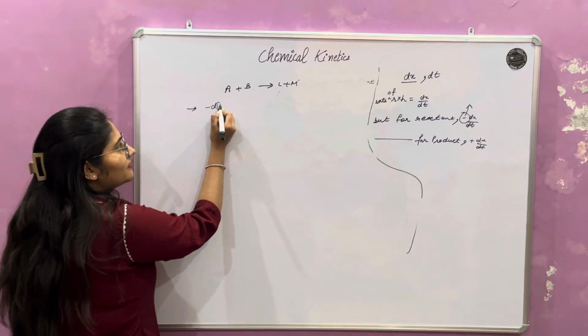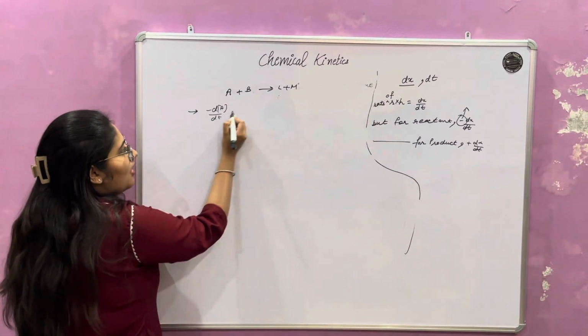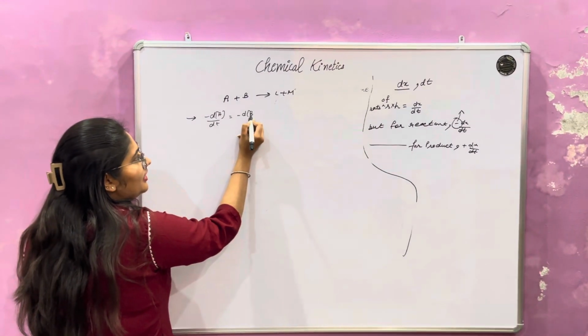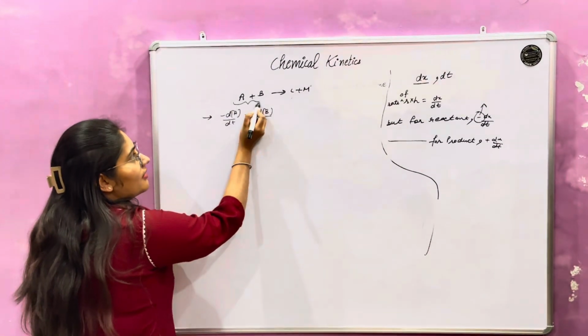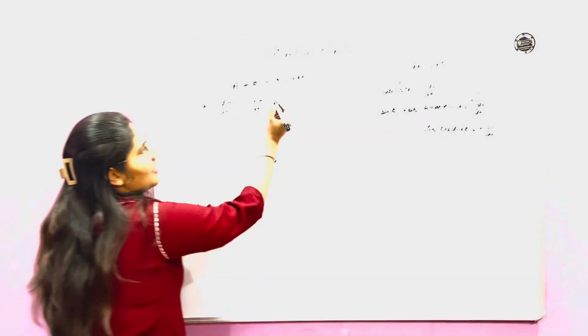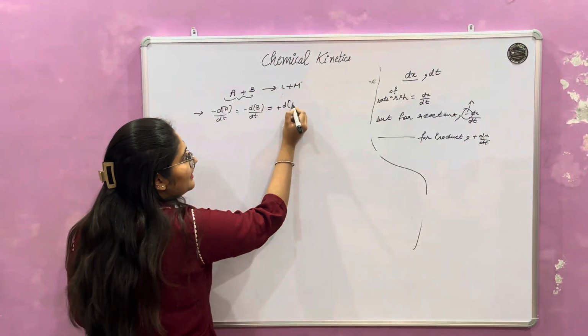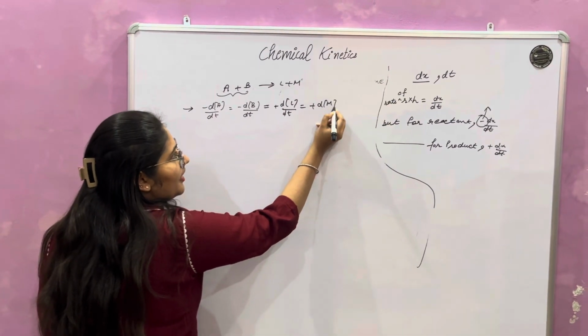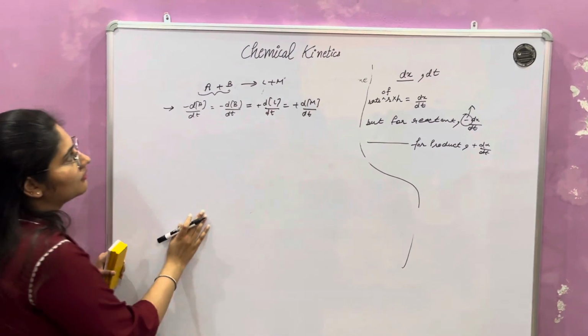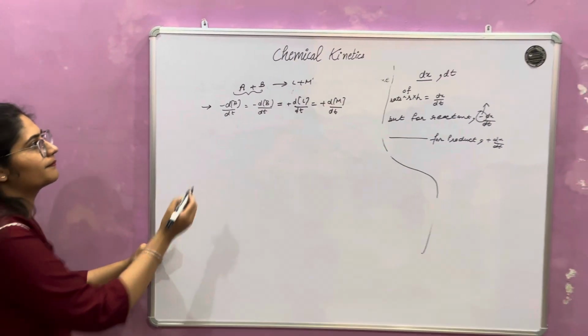It is minus dA by dt is equal to minus dB by dt, because I am writing for reactant, and for product plus dL by dt is equal to plus dN by dt.